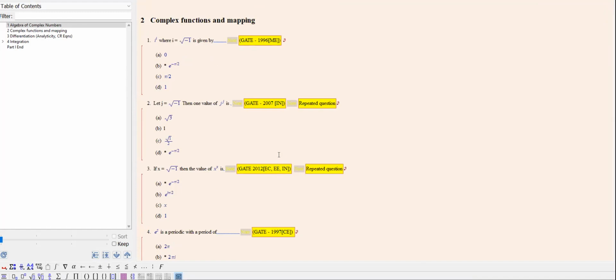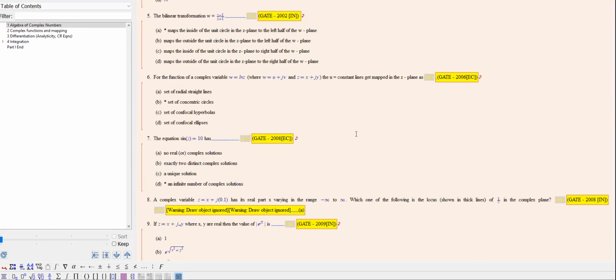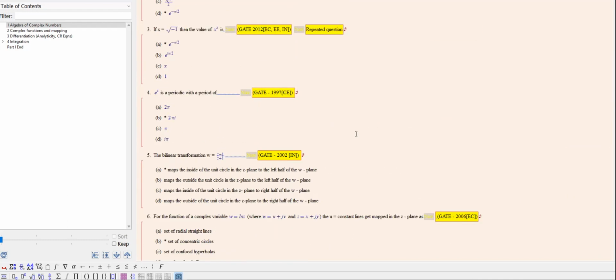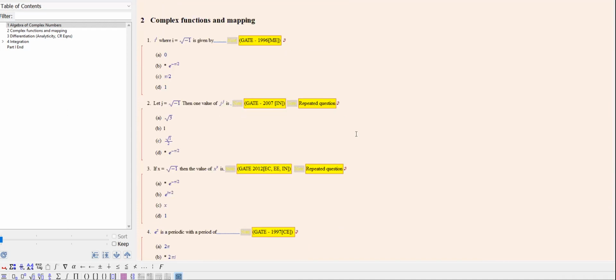See, this one particular question has been repeated 3 times. And that too in GATE 2012 in electronics, electrical, and industrial engineering, and in 96 this was asked in mechanical engineering.